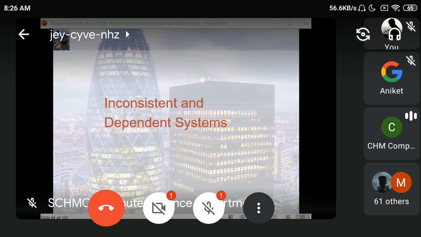If there is exactly one solution, Divya and Anushka are saying these are consistent. So will it be dependent or independent?